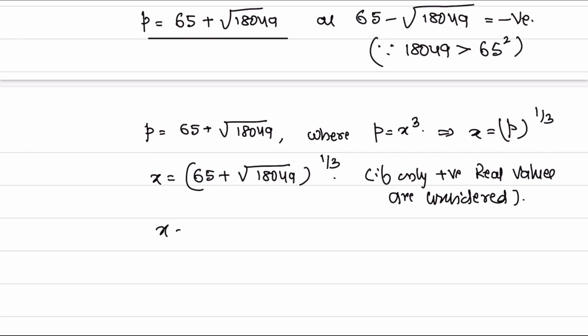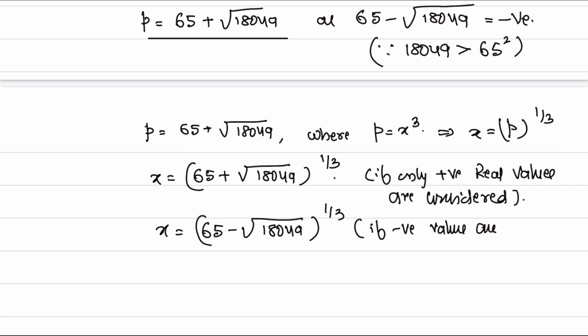It can be 65 minus square root of 18049 if negative real values are also considered. Because for the power of 1 by 3 or cube, negative values give a negative, and unlike square root, it will not give a complex number, it gives a real number.